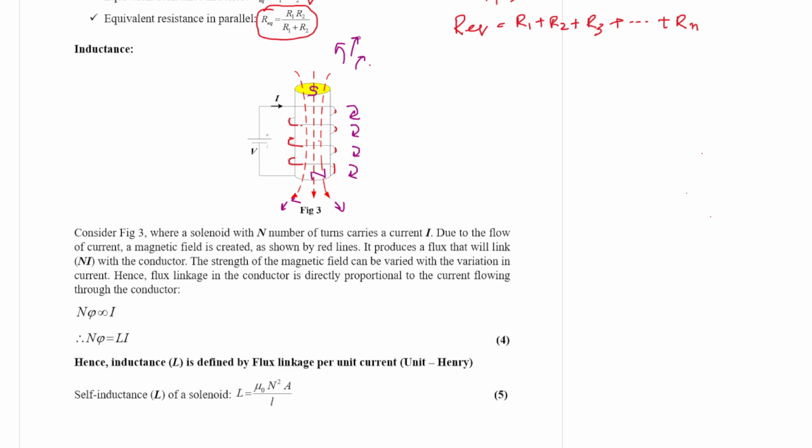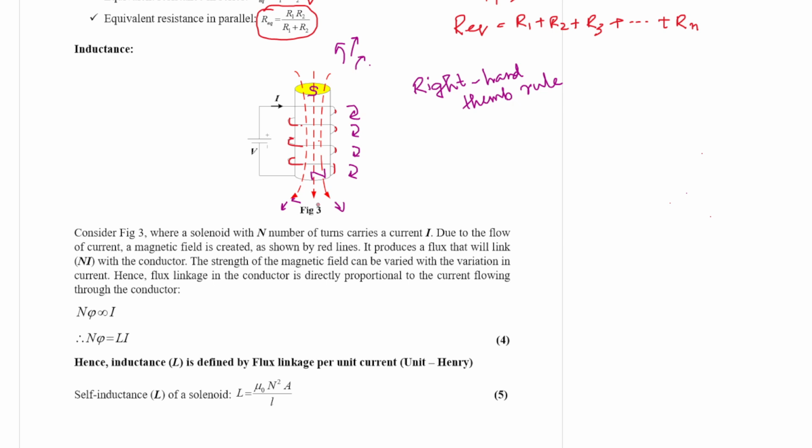So it is determined by a rule which is called the right hand thumb rule. Now suppose a current I is flowing, and accordingly a magnetic field is set up as shown in this figure.